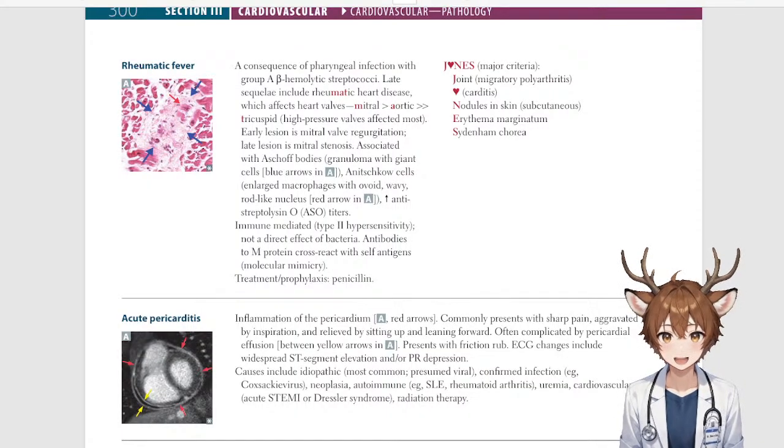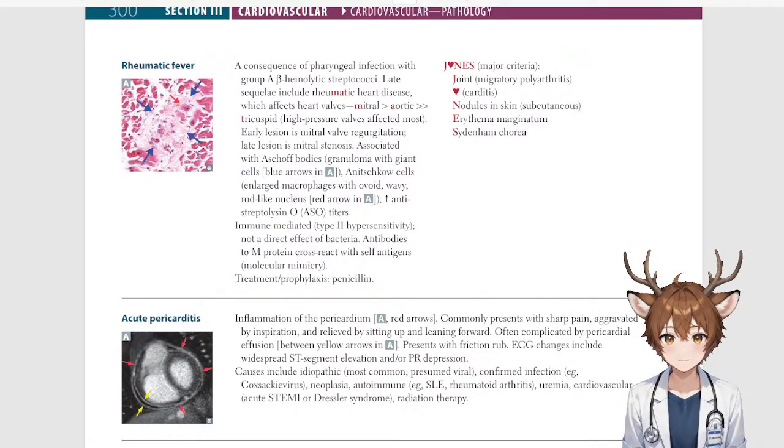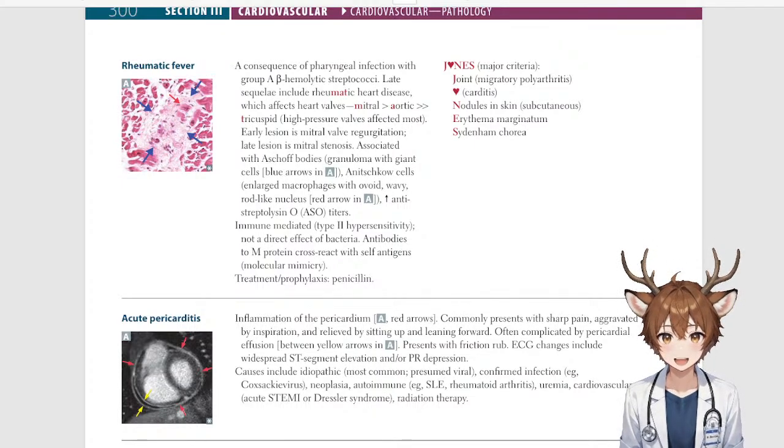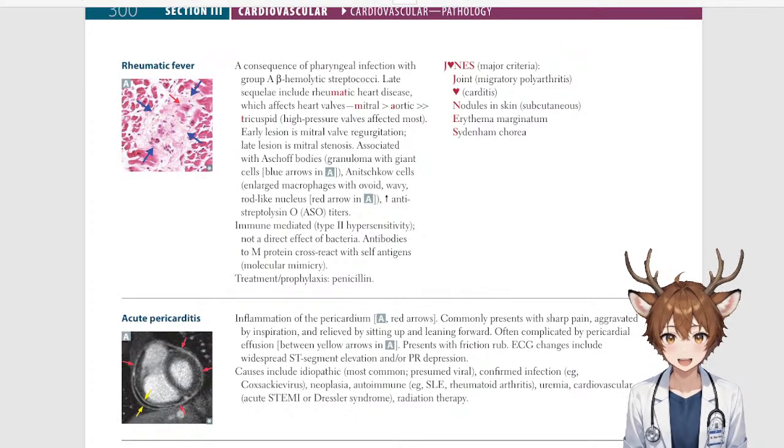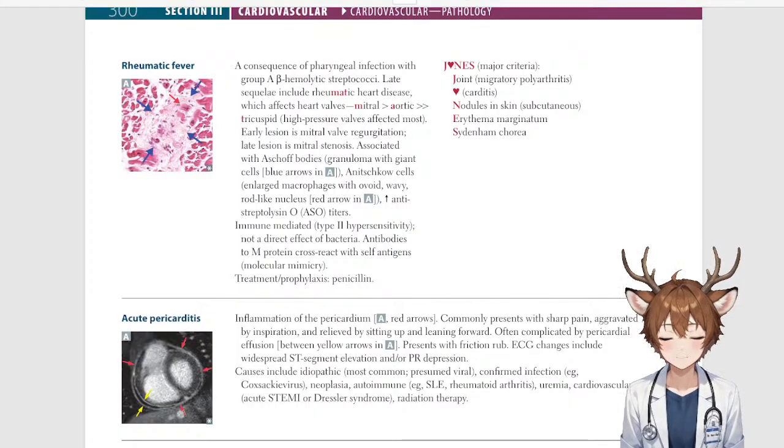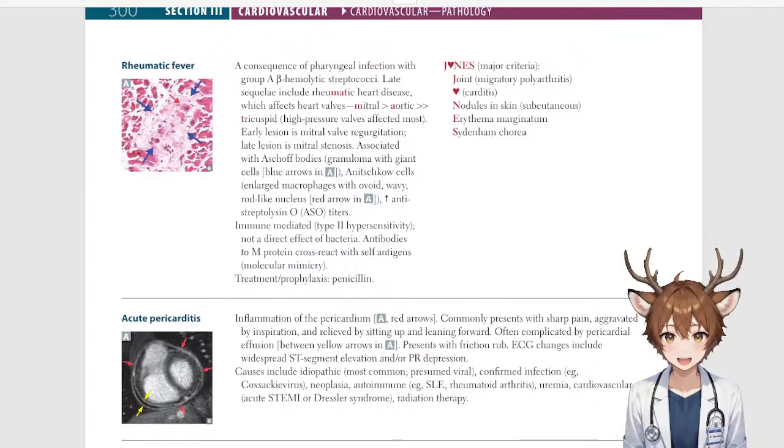Presents with fever, most common, new murmur, vascular and immunologic phenomena. Vascular phenomenon, septic embolism, petechiae, splinter hemorrhages, linear hemorrhagic lesions on nail bed, Janeway lesions, painless flat erythematous lesions on palms or soles.